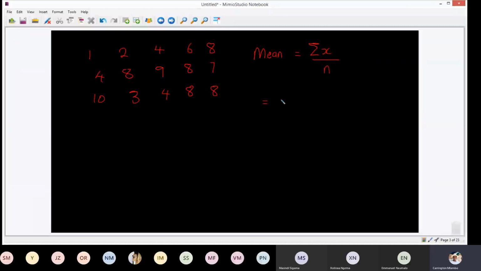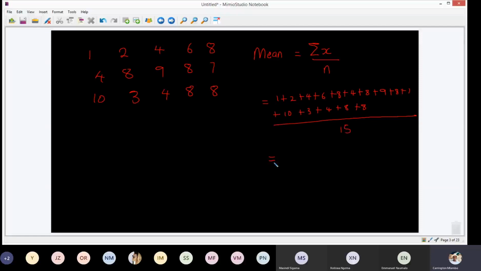In other words, it's 1 plus 2 plus 4 plus 6 plus 8 plus 4 plus 8 plus 9 plus 8 plus 7 plus 10 plus 3 plus 4 plus 8 plus 8, divided by the total 1, 2, 3, 4, 5, 6, 7, 8, 9, 10, 11, 12, 13, 14, 15, divided by 15. Then you get your mean. I think that one is simple.